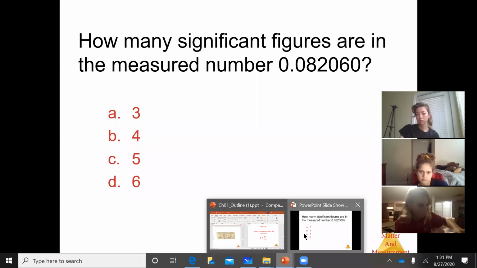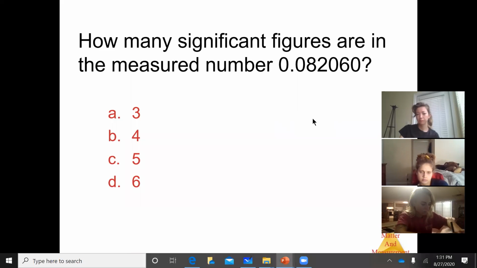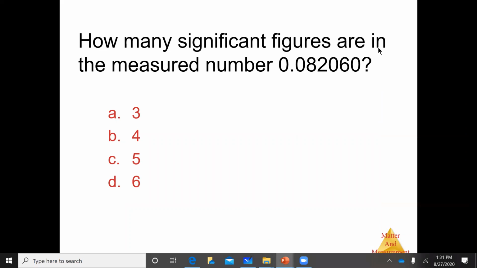Okay, so let's go back here. Looking at this number here, how many significant figures are there in this measured unit? 0.082060. I'll give you 20 seconds.